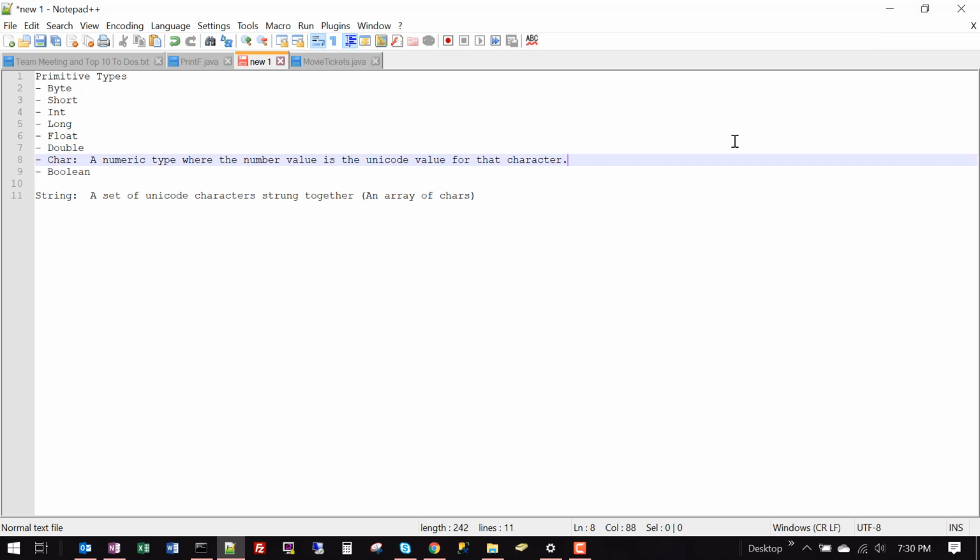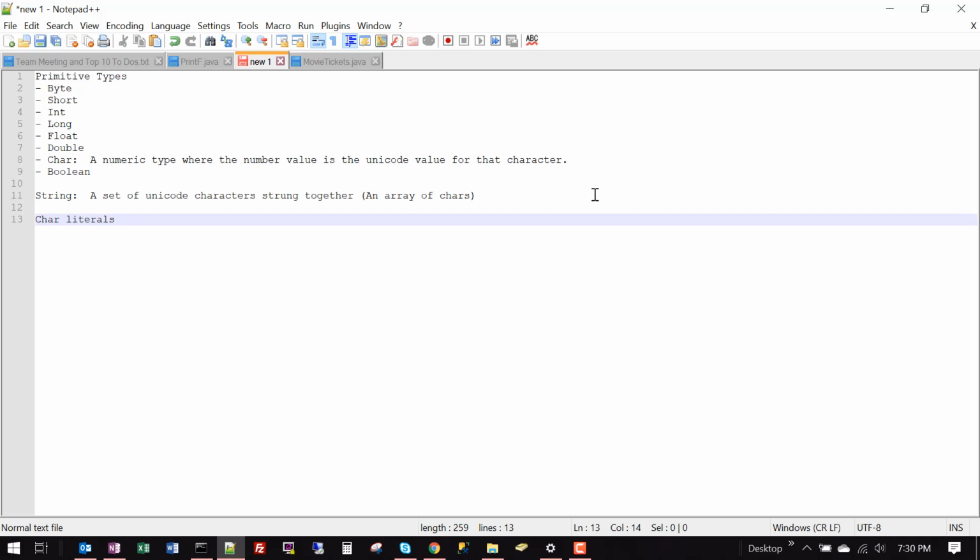So when we string those numeric values that are associated with characters in the Unicode set together, we wind up with a string. When we work with characters or char literals, we deal with those using single quotes.